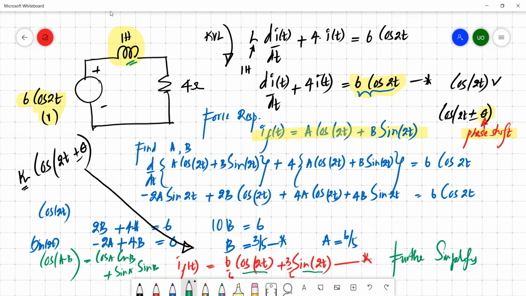It means you can adjust your waveform by shifting it to the left hand side or right hand side through this external energy storing device, which is an inductor or capacitor. By introducing an inductor or capacitor, you can shift your output by adding a certain phase shift. This is the conclusion we can make out of this kind of circuit. So this is the analysis part for this particular circuit if you have sinusoidal type of sources in the circuit.